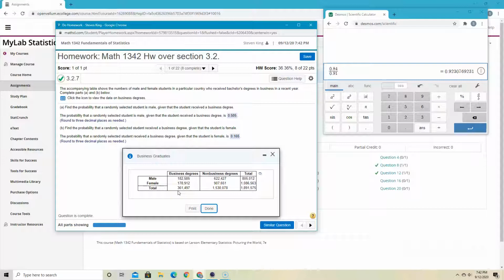So we're asking, hey computer, download all these 361,497 student IDs, because they're the ones that had the business degrees, not these people. Okay, now let's randomly pick one student ID out of the 361,497 students.